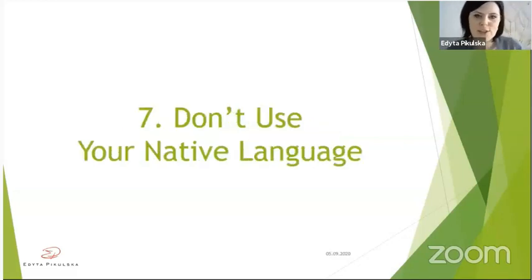Number 7, don't use your native language. When we talk about preschoolers and kindergarteners, you have to be aware of the fact that they can't speak their native language perfectly well. So it doesn't matter if you speak Polish or Chinese, they won't understand the words.